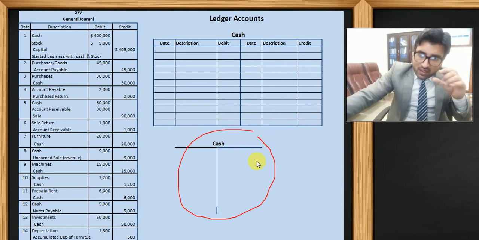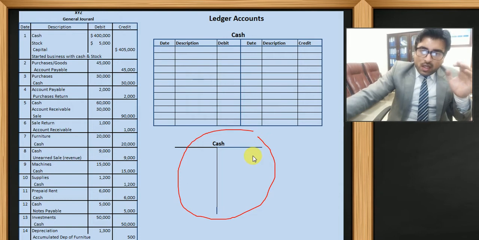But the second one is simpler and easier, because we need not have more information here. Here we only have the debit and the credit side. So dear students, we work on the first one and then we come to the second.